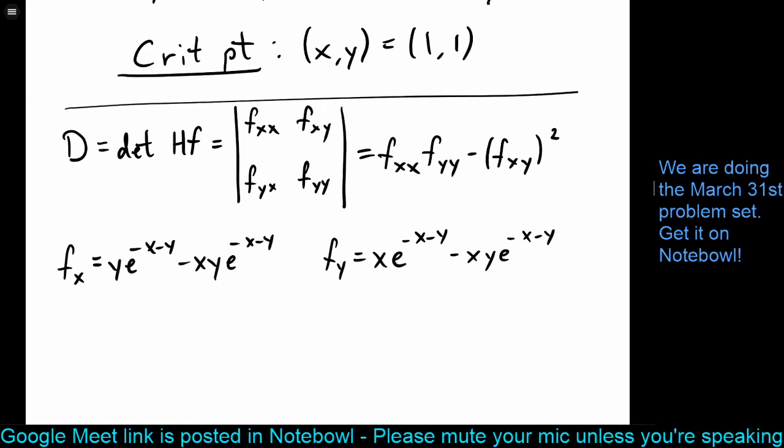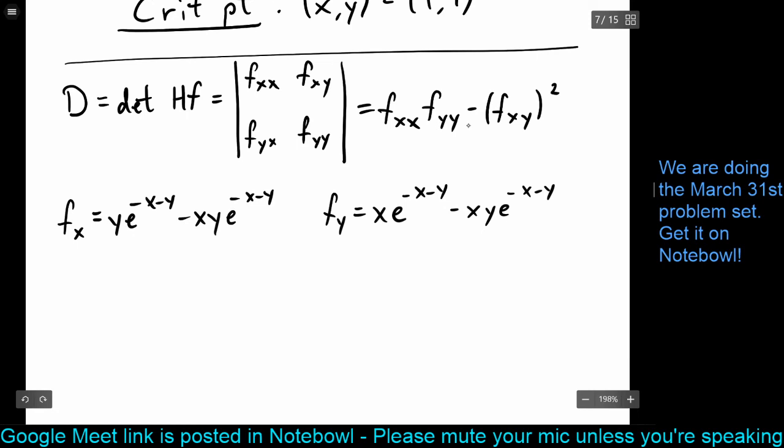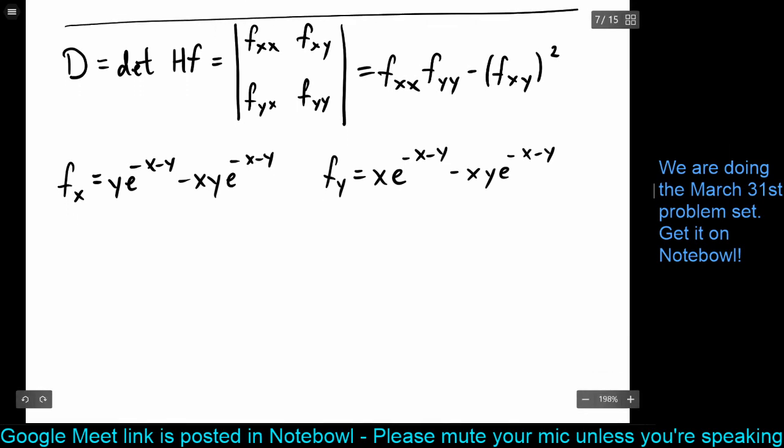So now that we've got that, we need these three second derivatives here. So fxx, we're taking the derivative of this with respect to x again. So this first part, we only have to differentiate the exponential part.